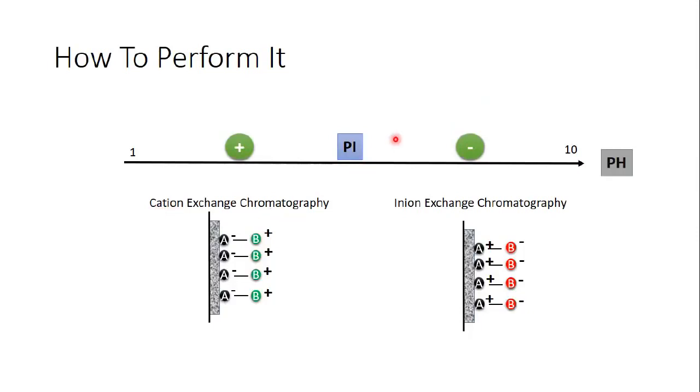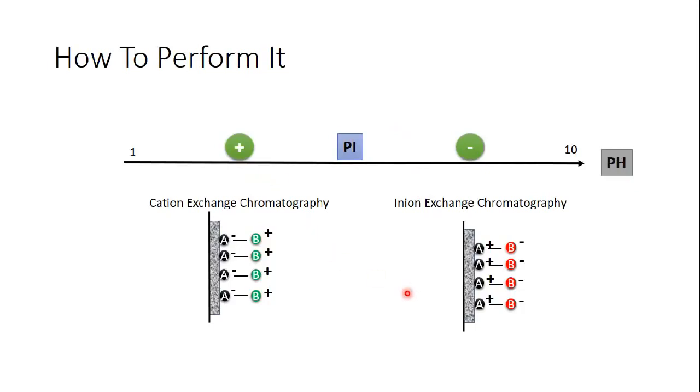So say our protein has a pI of 5, and we have another protein which has a pI of 7. If I choose a pH of 6, this pH will be higher than the pI of our protein, and then our protein will be negatively charged. But this pH will be lower than the pI of the other protein, which has a pI of 7, and then the other protein will be positively charged.